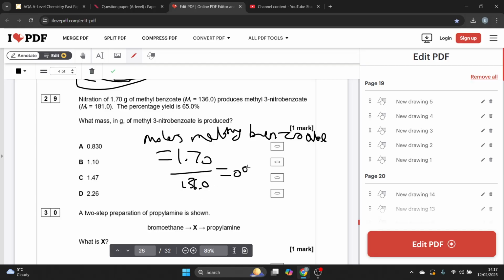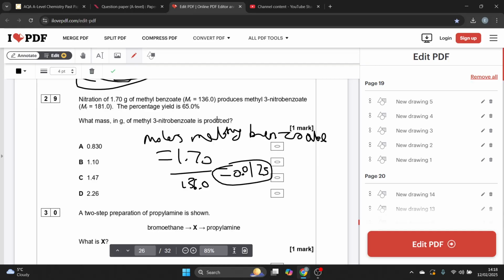That gives 0.0125 moles. Then I know it's a 1:1 mole ratio, and moles is mass over Mr, so mass is going to be the moles times the Mr, 2.2625.